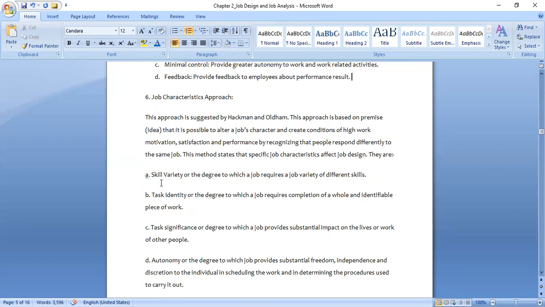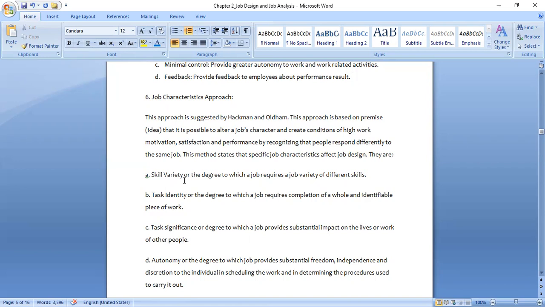For example, skill variety. The skills that you require for that particular job will determine what you incorporate while designing that job. While designing that job, you will have to put specific characteristics in terms of the skills required for that job.